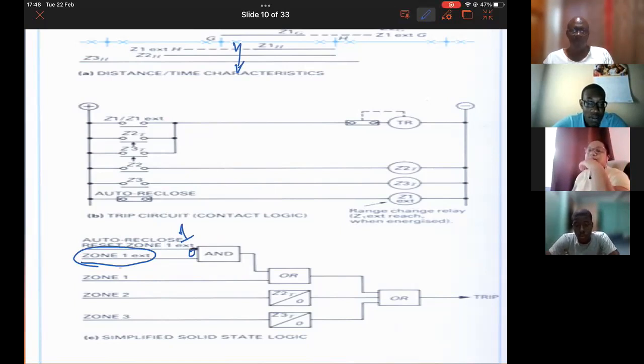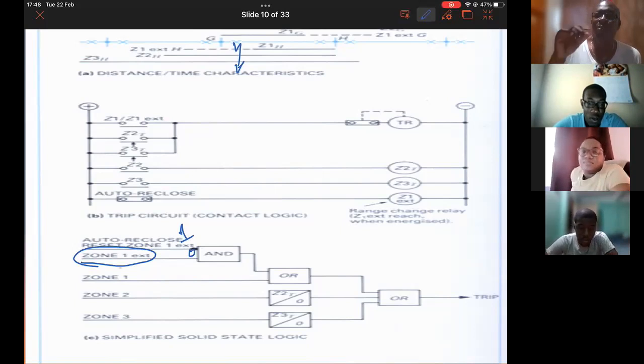And at the same time, that would have tripped the relay, tripped the circuit breaker, and the autoreclose would have also sent a signal back to this input to the AND gate again to reset it. So you'll get a 0 there, since there's a NOT gate. And that would produce a 0. So this is when it is forcing the system to revert to the regular operation.